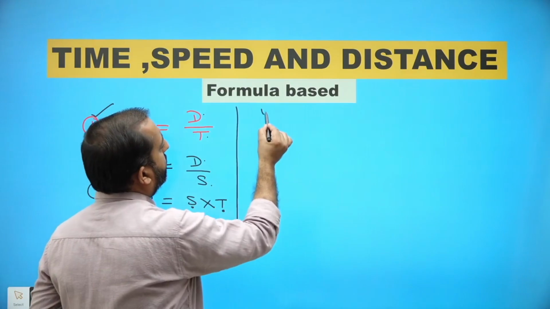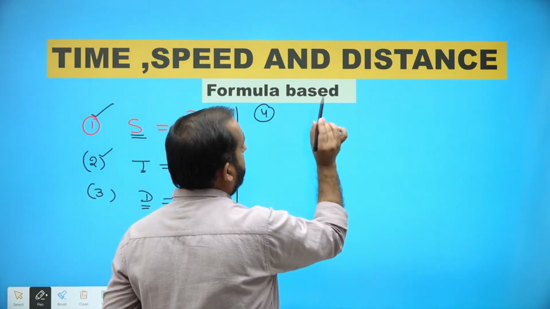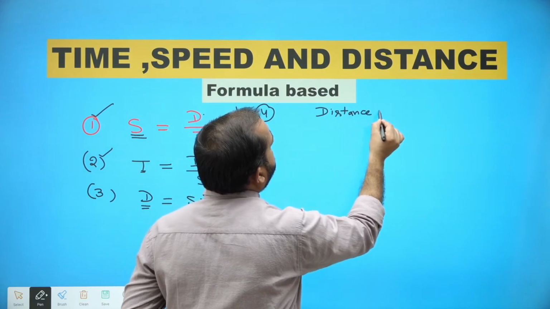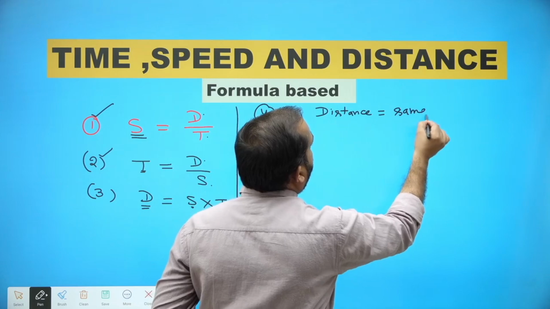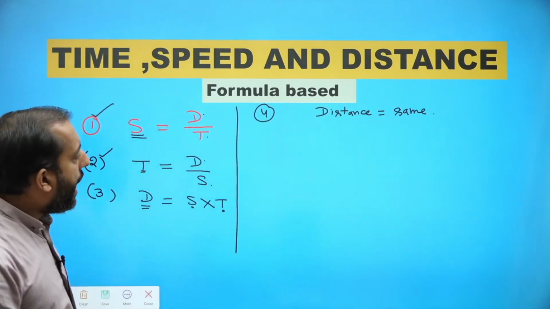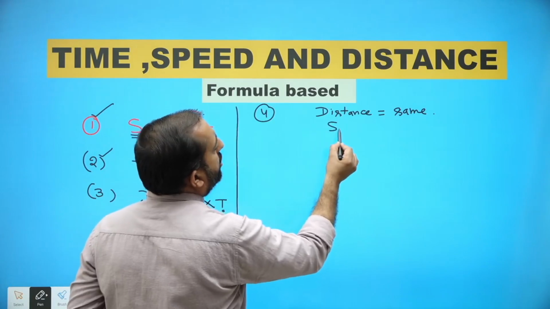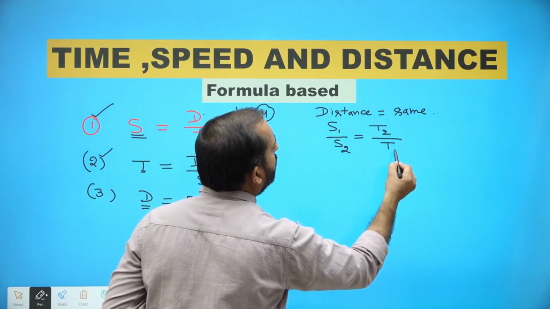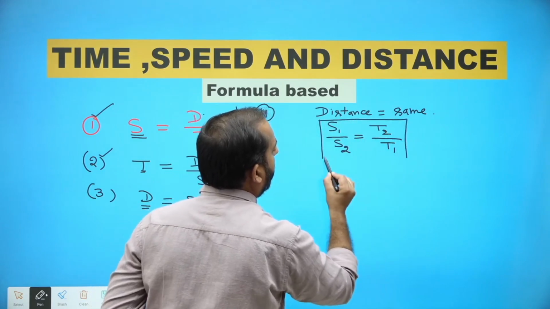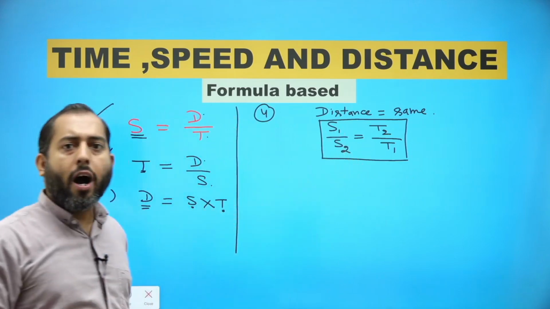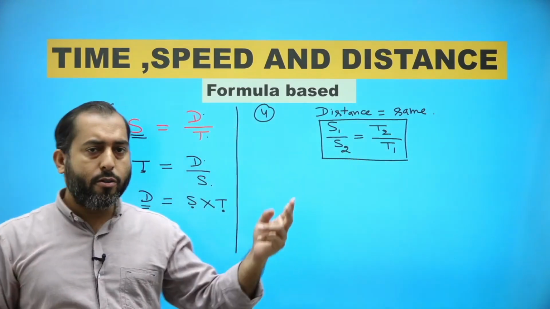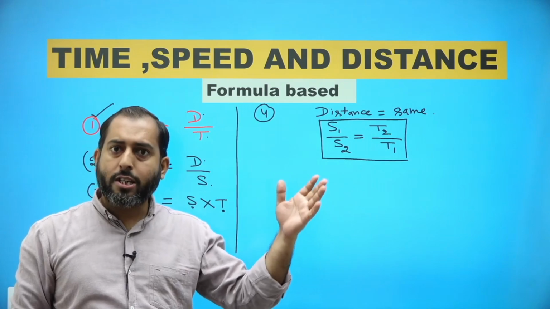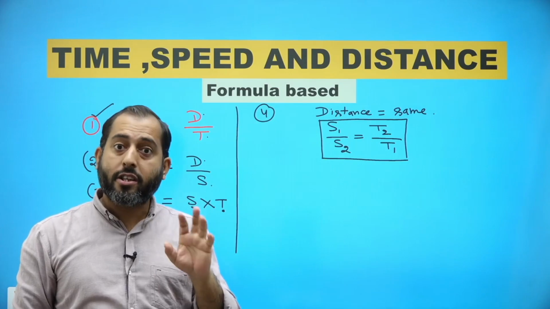Point number 4: when the distance traveled in two different cases is the same or constant, the ratio of speed will be inversely proportional to the ratio of time taken, where s1 and s2 are the speeds for two different scenarios, and t2 and t1 are the times taken by a particular vehicle or person or object in those two scenarios respectively.